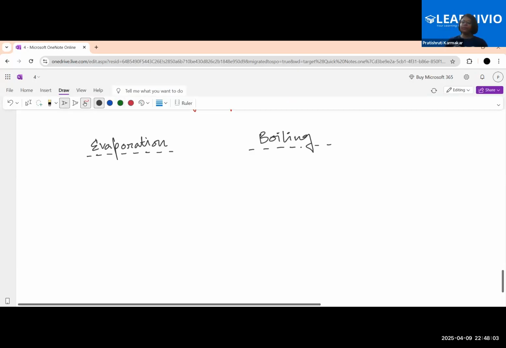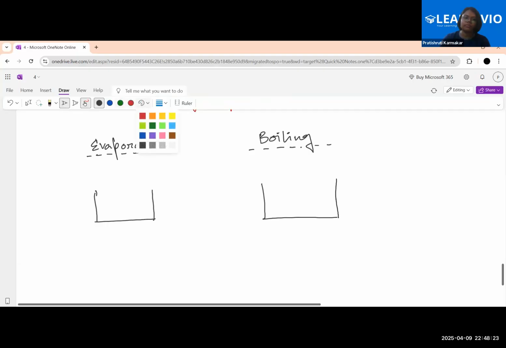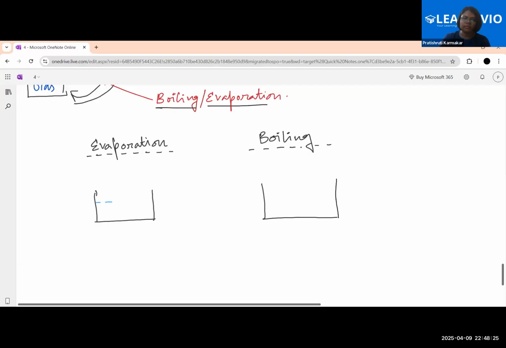Let's say we have taken water in two bowls.